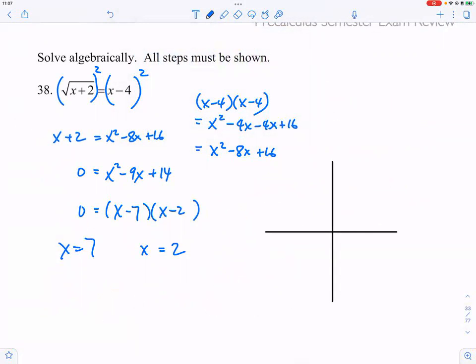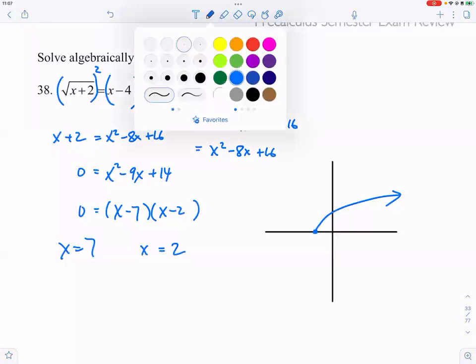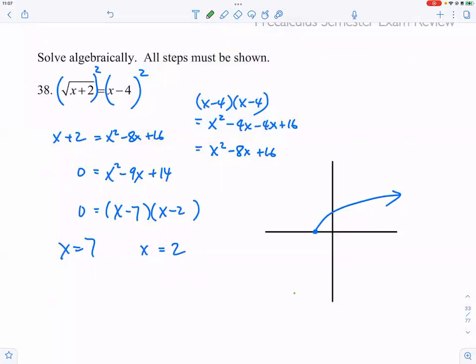So square root of x plus 2 means that you have a graph moving to the left for 2 units. And then you have a graph that's like this. So if you can make this graph with both lines together, then you can have a good approximation that x is equal to 7, not likely to be equal to 2.